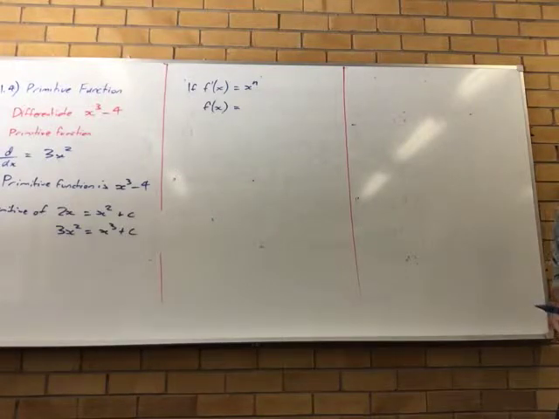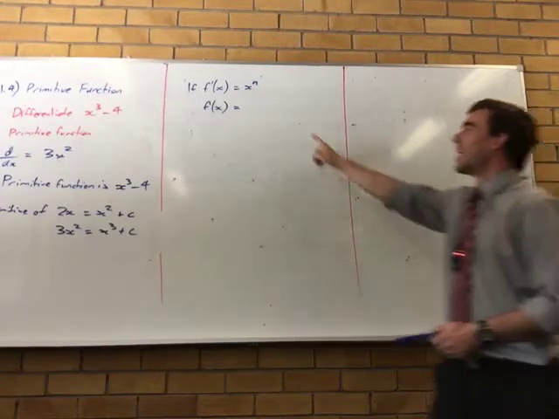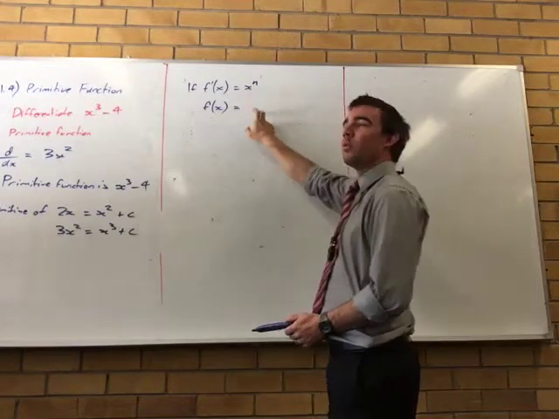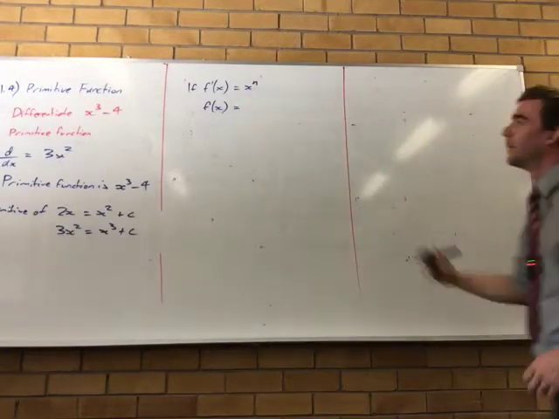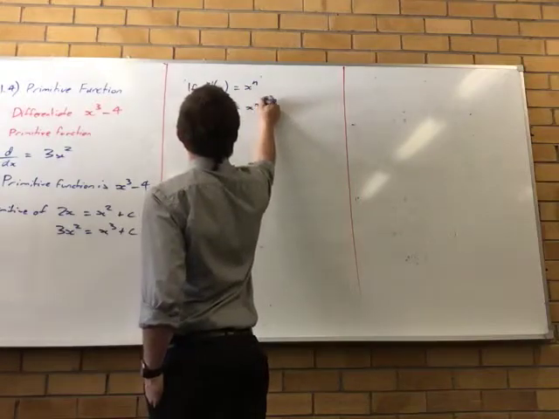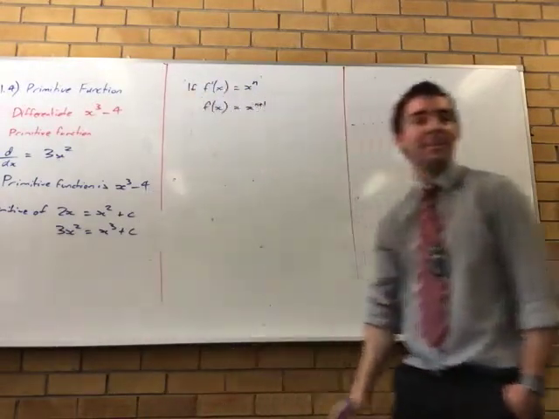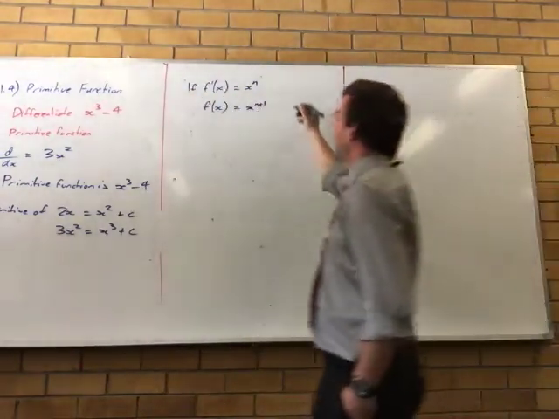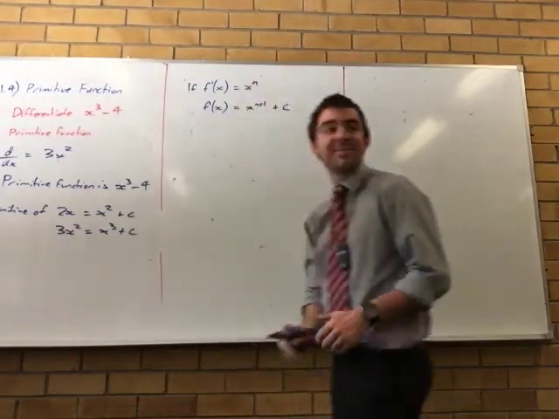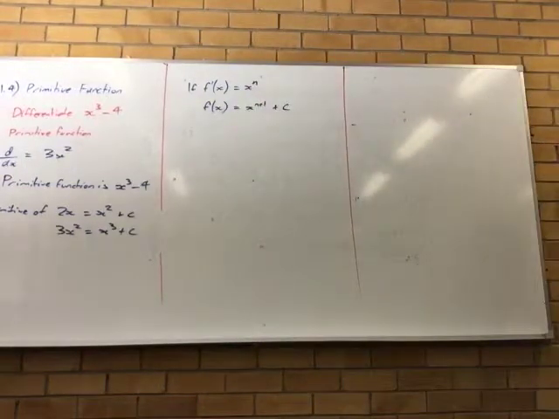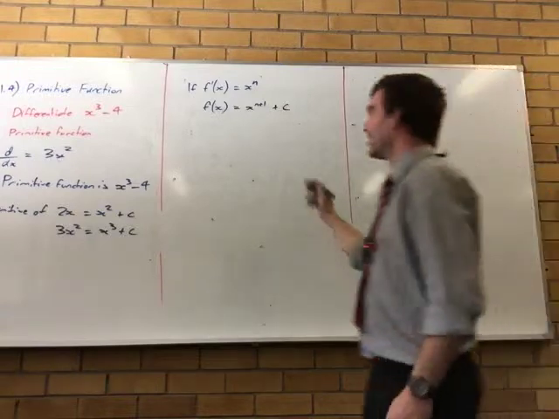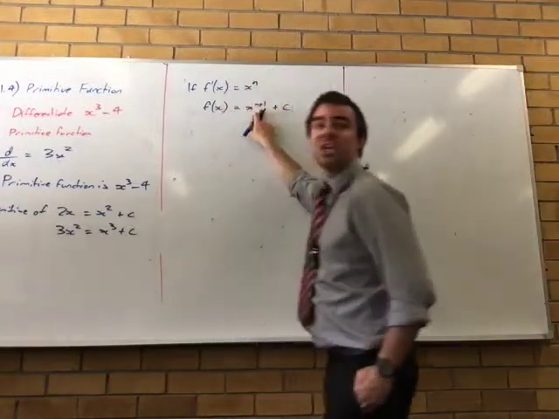Alright, so if I'm integrating x to the power of n, what would it look like? n plus 1. So x to the power of n plus 1, plus C. But you have to get rid of the n plus 1, so divide by n plus 1. Differentiate this.